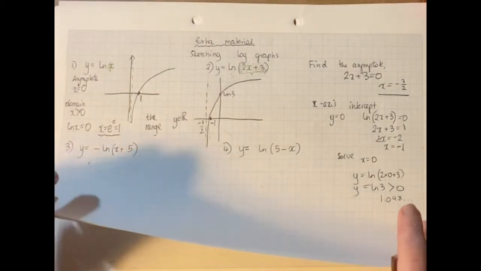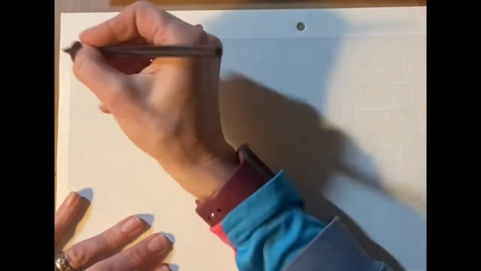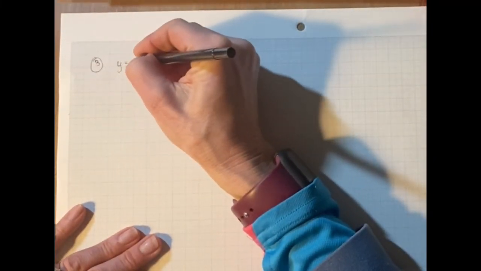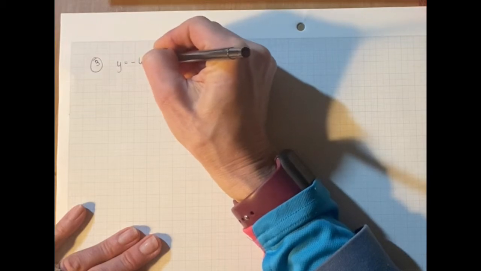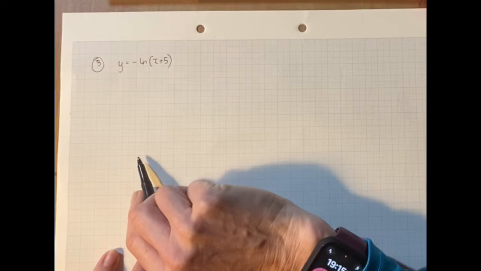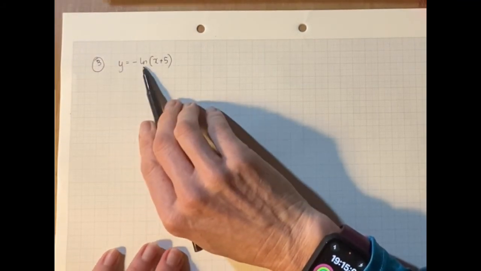I'm actually going to use a different piece of paper because I've very quickly run out of space. So example 3, let's sketch y equals minus ln of x plus 5. So let's use exactly the same approach. Don't worry that there is a minus, that will be dealt with in a minute.